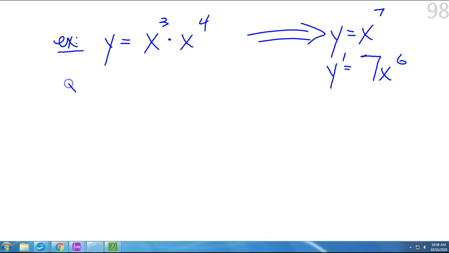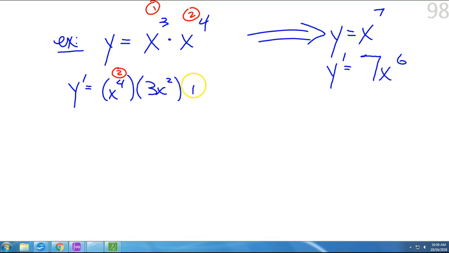Again, product rule is not necessary for this problem, but if I were doing it, I would think about that as my first chunk, that is my second chunk. You do the second one as is, times the derivative of the first one, plus the first one as is, times the derivative of the second. So the second one is x to the fourth. That's my second chunk, times the derivative of the first chunk. That's 3x squared.